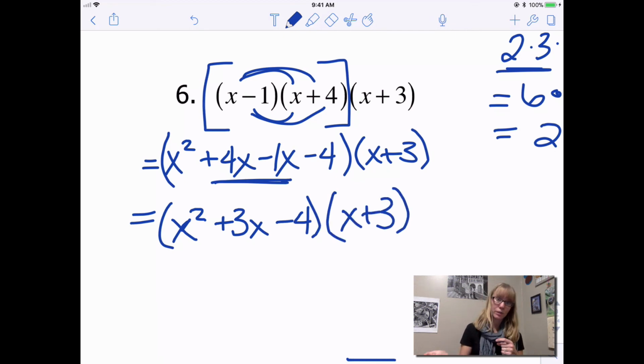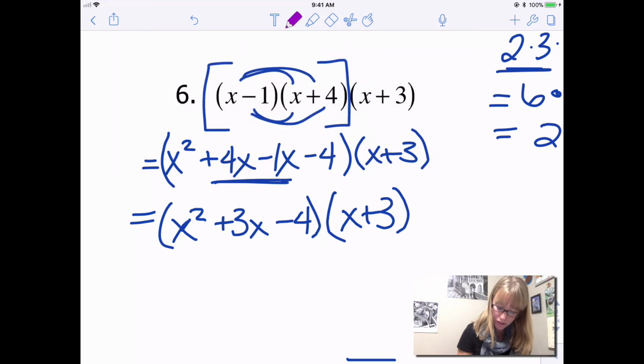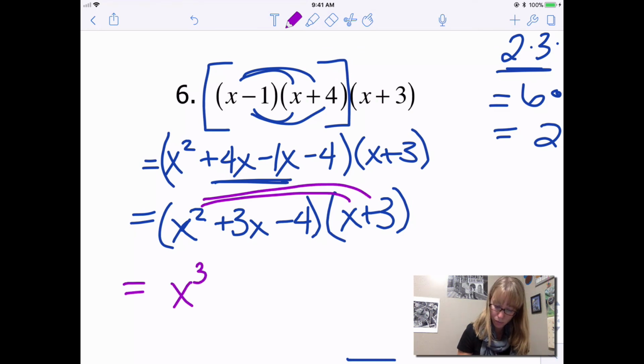Now this looks like something we just did on number 5. So I'll use a different color. I do my x squared times x is x to the third. X squared times 3 is 3x squared.